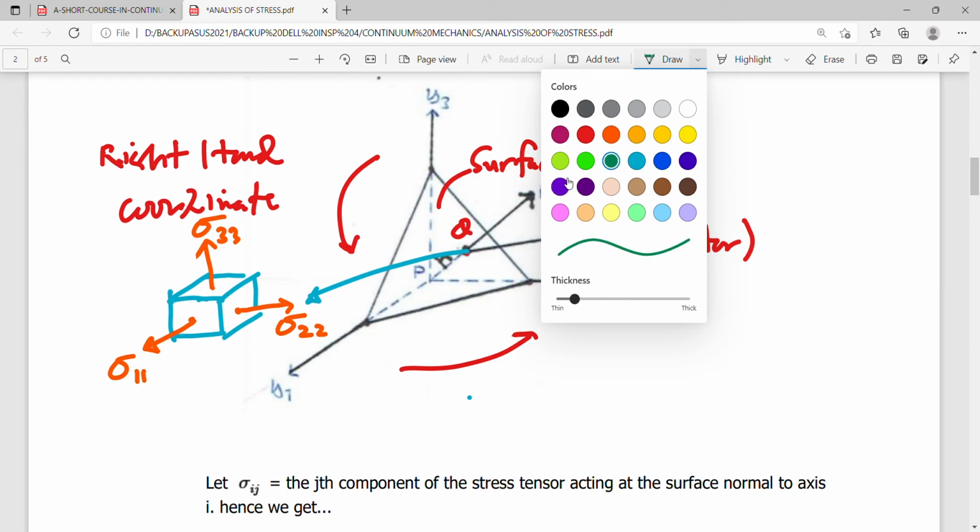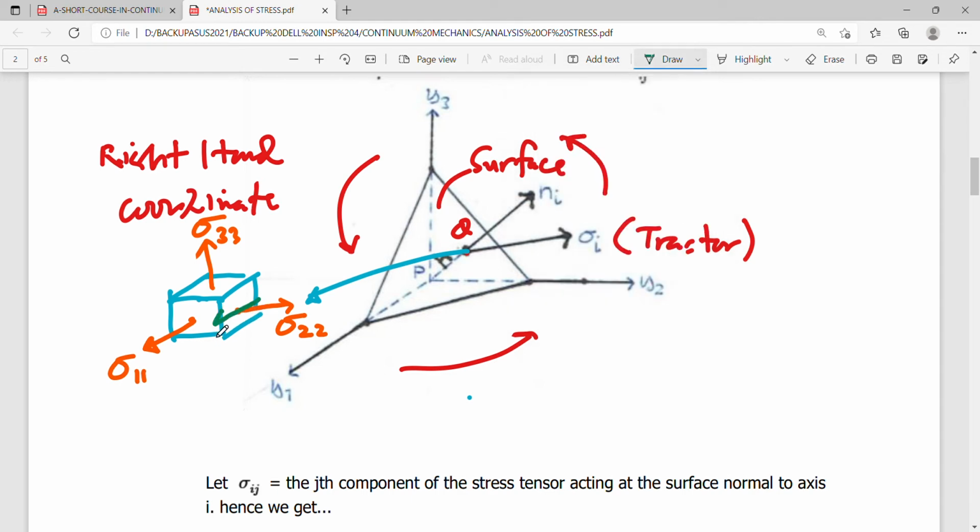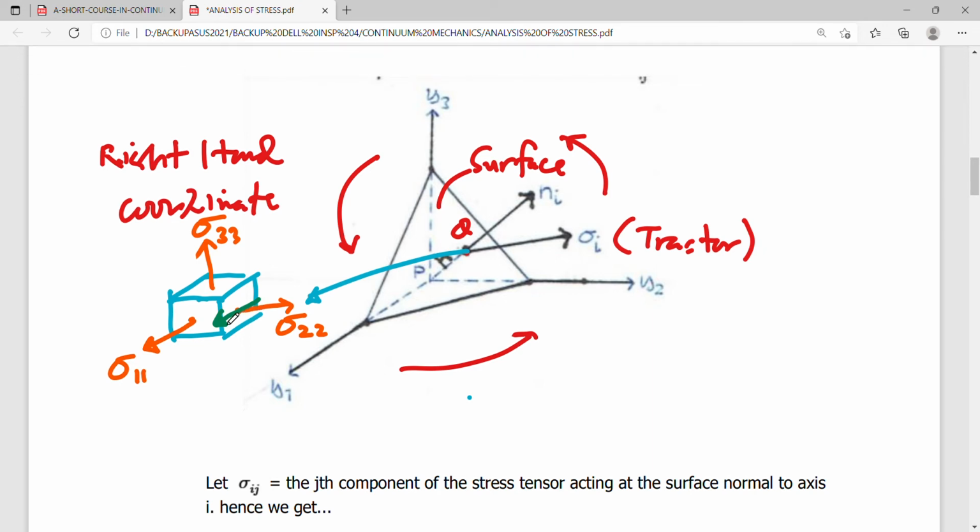So these are now the normal forces, while if we take a look at the shear forces, the shear forces are actually directed on the face. So if we consider now this as your face 2, this cubical face is perpendicular to your direction y2.